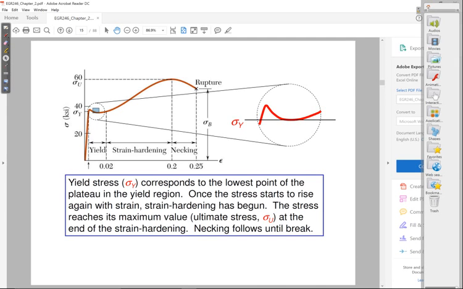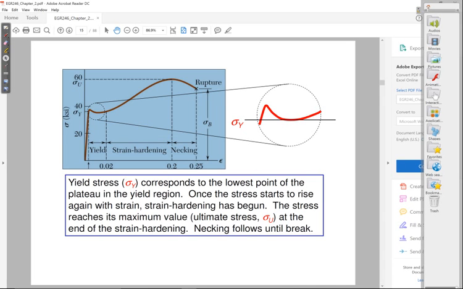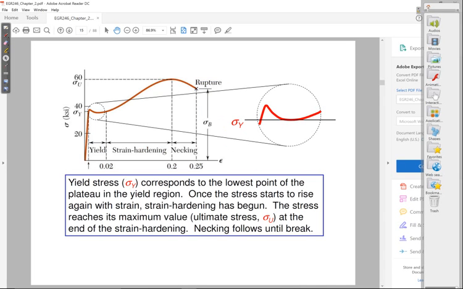Now, where that concavity changes, so that the curve becomes more concave down, that is what we call a strain hardening region. What the strain hardening region means, in terms of stress strain, is that you can see the slope starts to increase again.